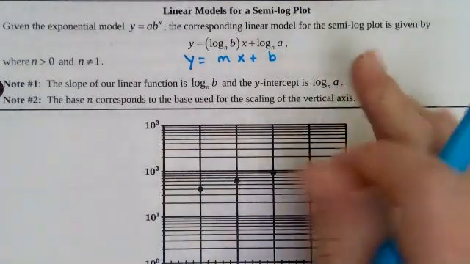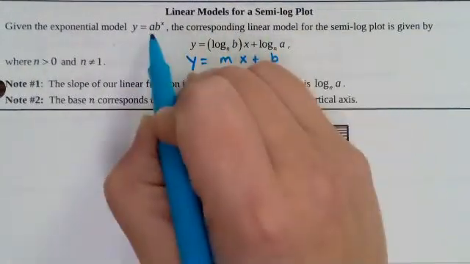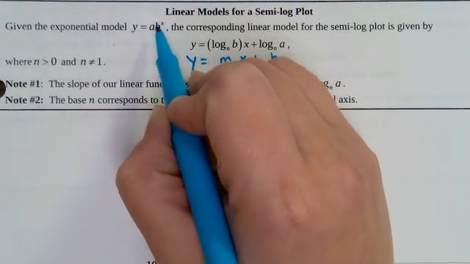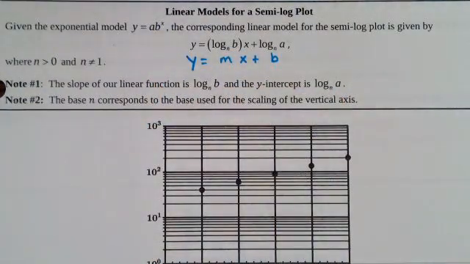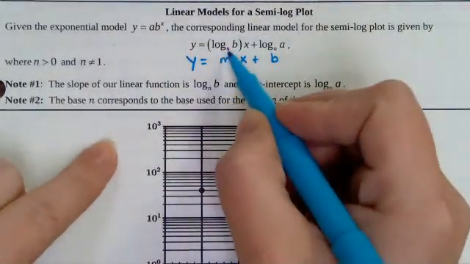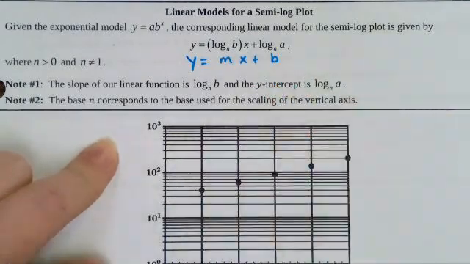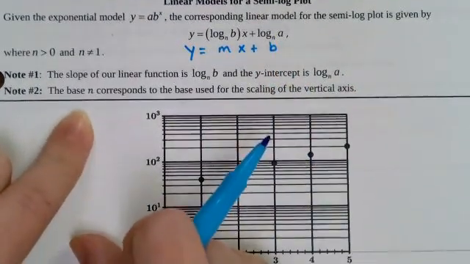These a and b correlate to your normal exponential function, y equals a times b to the x power. So it all comes together, and we're able to represent exponential data and exponential models using a linear model on a semi-log plot, which is crazy. Like I said, log base n of b is m. Log base n of a is the b from your normal line equation.